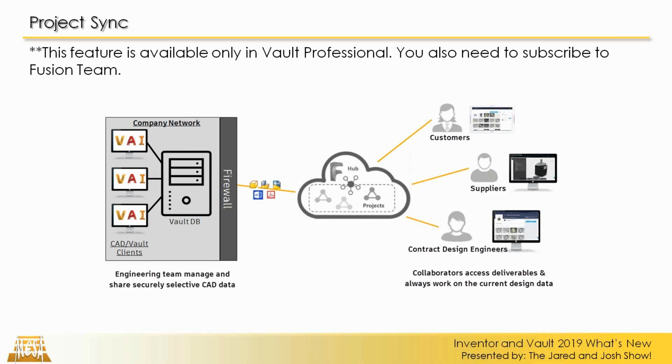synced back and forth. Now, this can be a one-way push, so if you did just want to push information from your Vault out so a supplier could see it, maybe a manufacturing shop, something like that, you could do that one-way push.